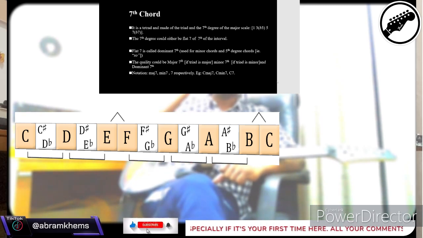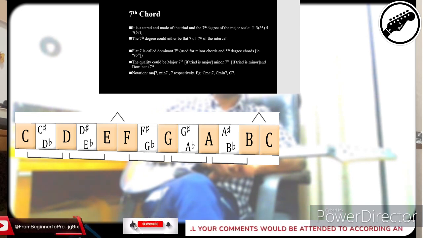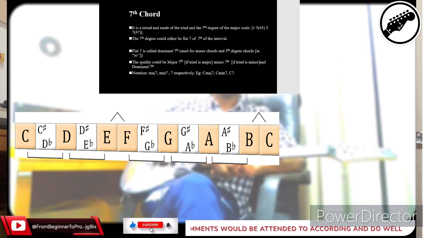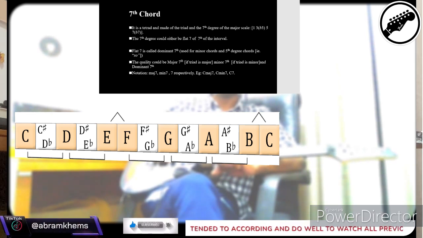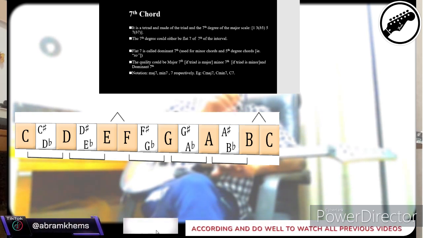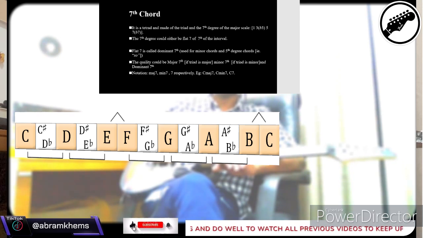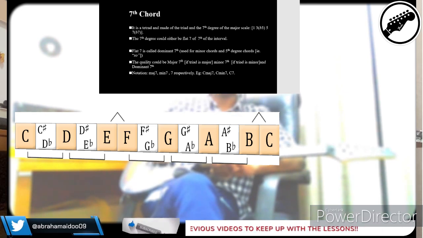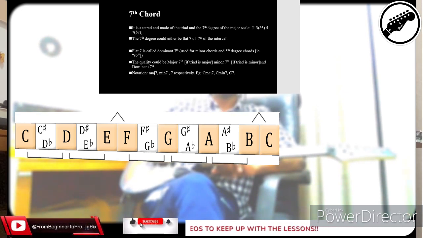You can have the major 7, and then you have the minor, and then the dominant. Dominant, we mostly write 7, or in some music book you see dom. They'll write dom, but in most cases you just have 7 without any preface or anything like that sort.